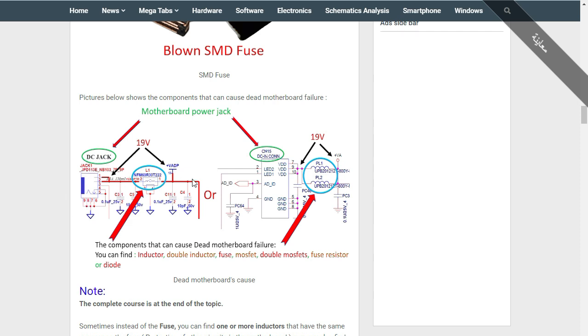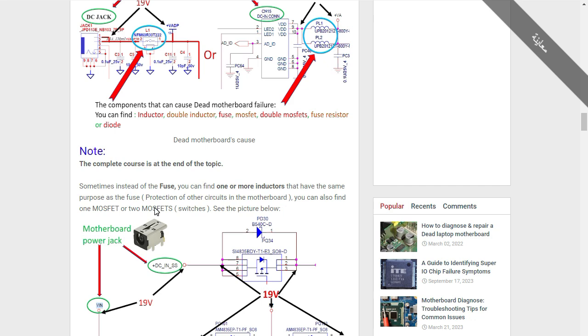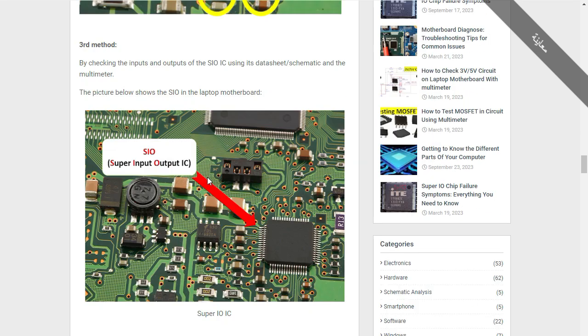You should always check the components near the DC jack, because these components are usually protection components. You can find inductors like this, you can find ceramic capacitors, diodes, MOSFETs, etc. So please always check the state of components around the power jack, and of course in the charge circuit.